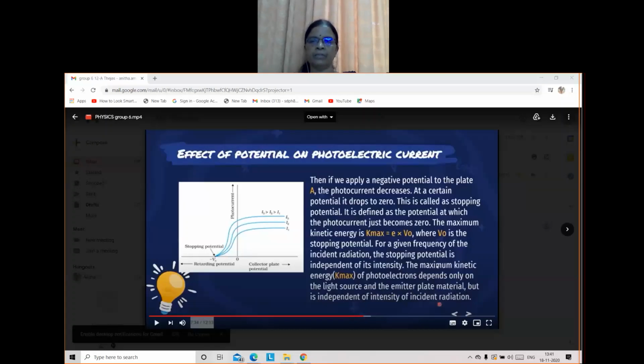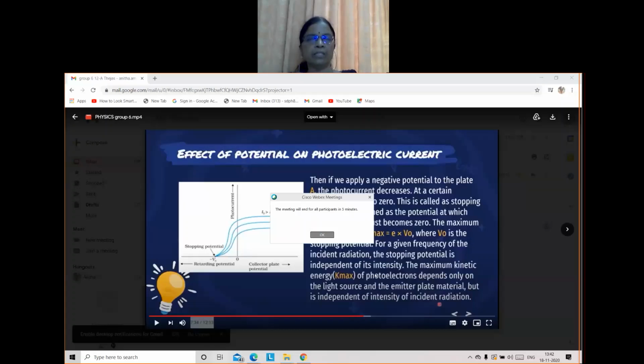So this is a very important point. The maximum kinetic energy of the photoelectron depends on what? Intensity or frequency? Arunjit? Kinetic energy of the electron emitted depends on what? Intensity or frequency?